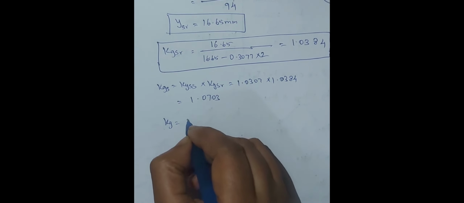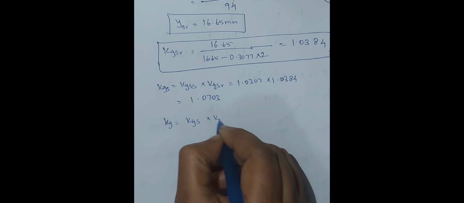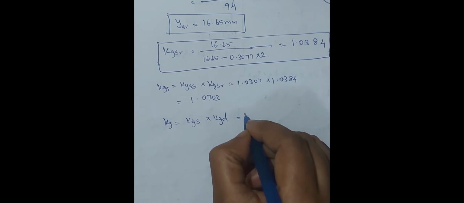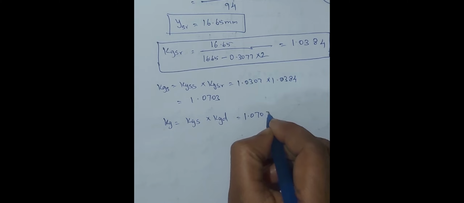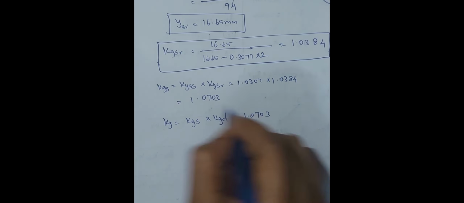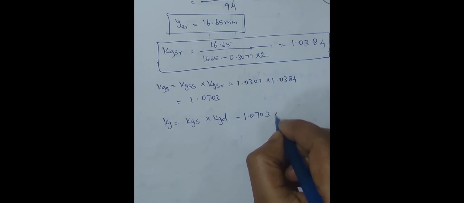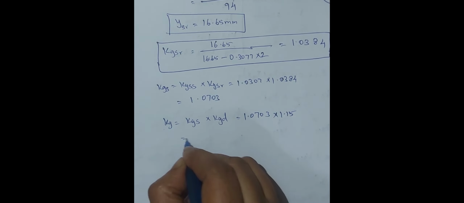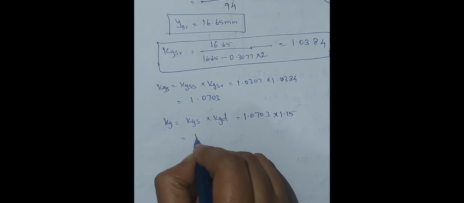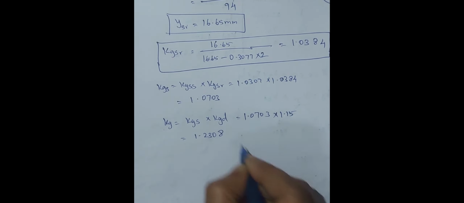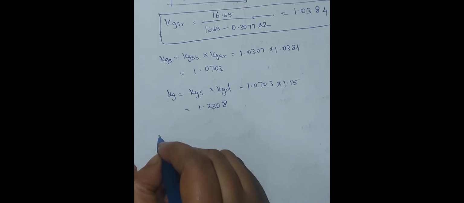Now KG is equal to KGS multiplied by KGD. KGS is 1.0703 and KGD is given in the problem itself as 1.15. Simplifying this we will get 1.2308. Okay, now we got KG, that's all.